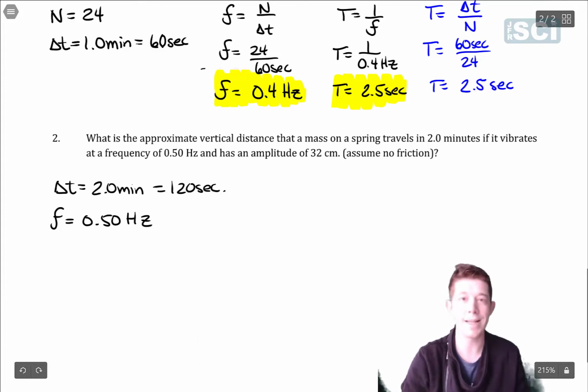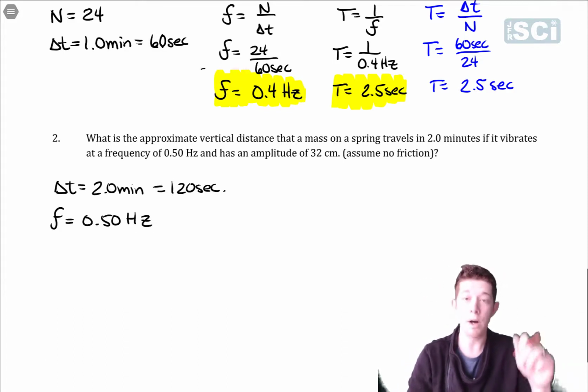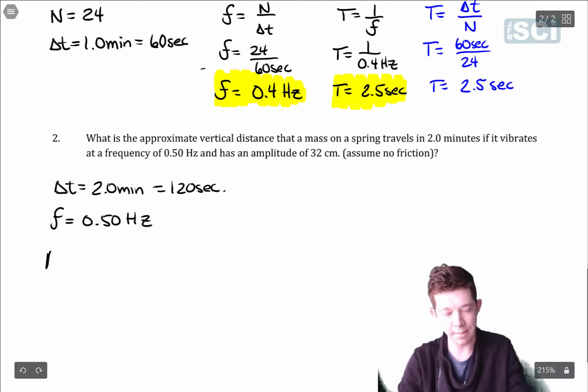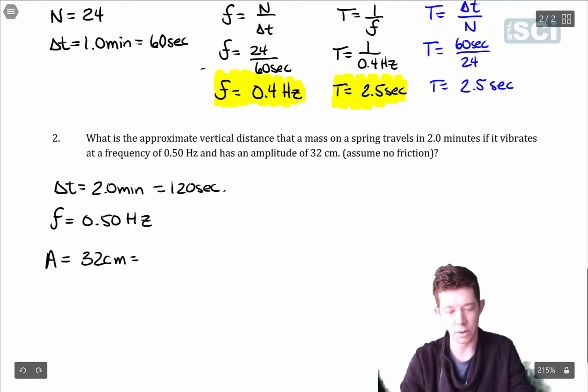So that means that every second it undergoes half a vibration. Okay, and it has an amplitude of 32 centimeters or 0.32 meters.